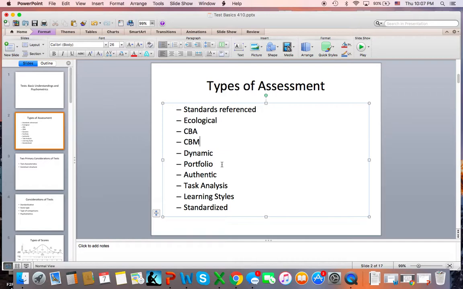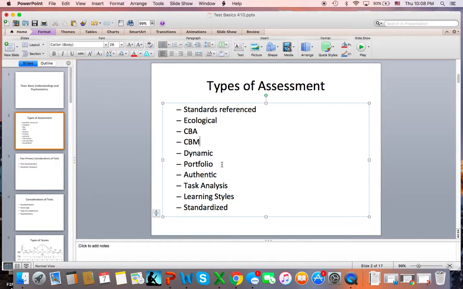Learning styles is another type of assessment that has waxed and waned as far as popularity is concerned within the educational realm. Part of the reason it has been derided is that generally it has not shown any sort of aptitude treatment interaction.